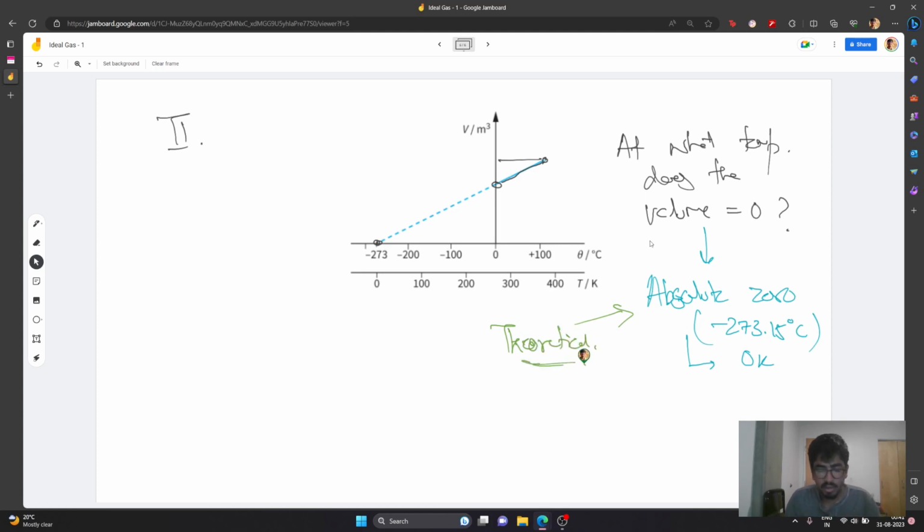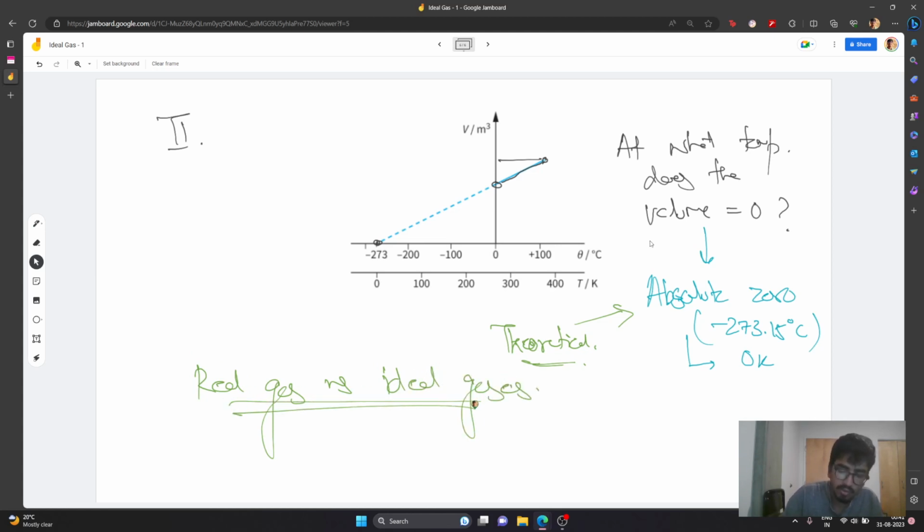So this is kind of a theoretical concept because we know that it will stop being a gas. Here is where we bring a distinction between real gases versus ideal gases. Real gases have this fall off. They'll follow this curve till a point, and then all of a sudden, around say 196 for nitrogen, it falls off.